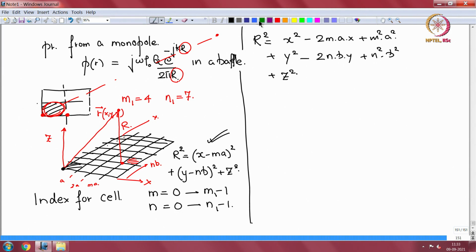And what is x squared plus y squared plus z squared? This is the distance of the receiver from the origin, r squared.